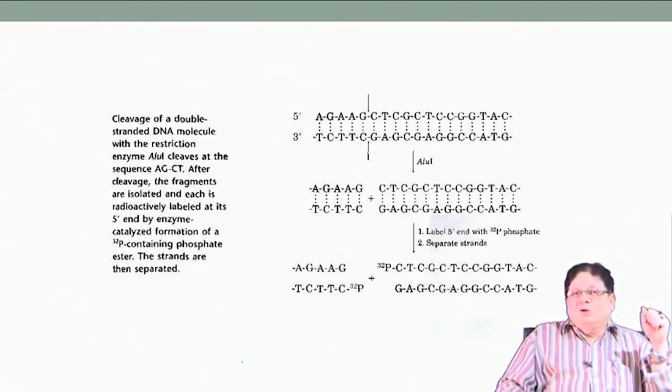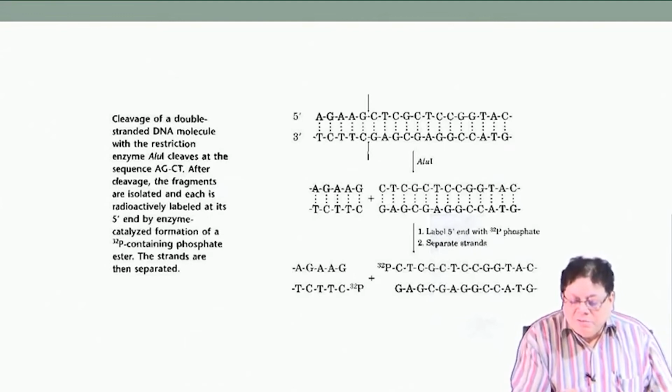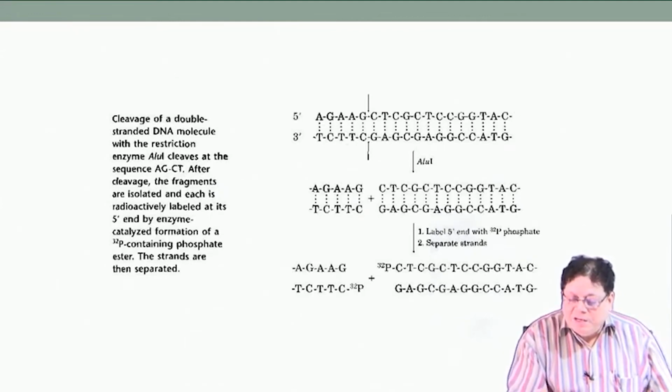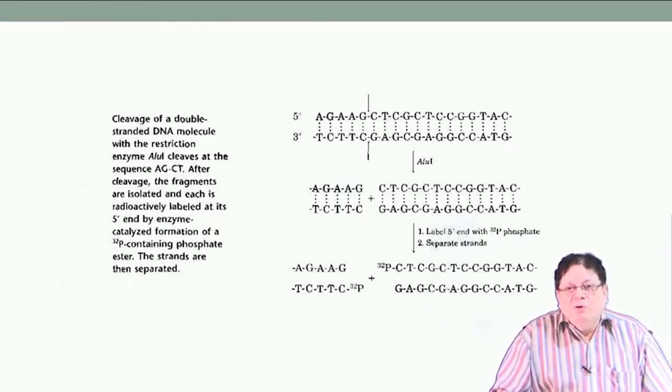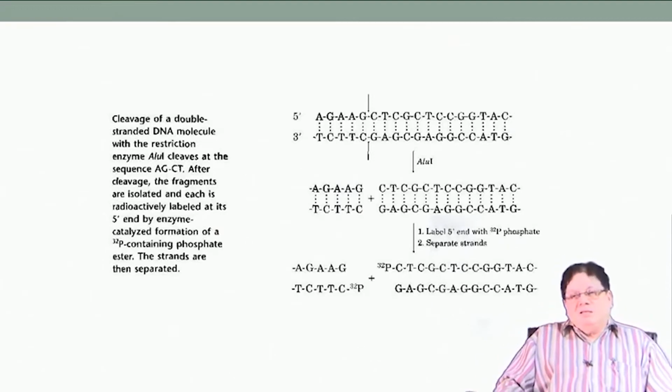In DNA also a very similar thing is done. Suppose you have a double stranded DNA which is this big. Okay. So, the first thing that you have to do is cut the DNA into small pieces. Now, whenever there is talk about cutting DNA into small pieces, enzymes come, because chemically that is almost impossible.